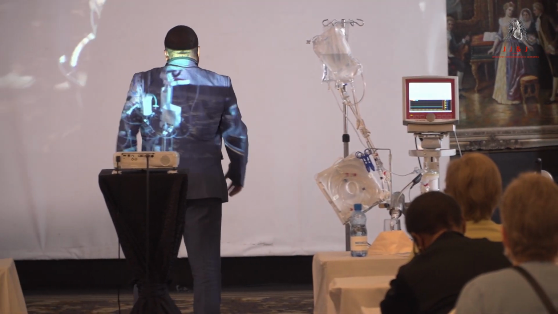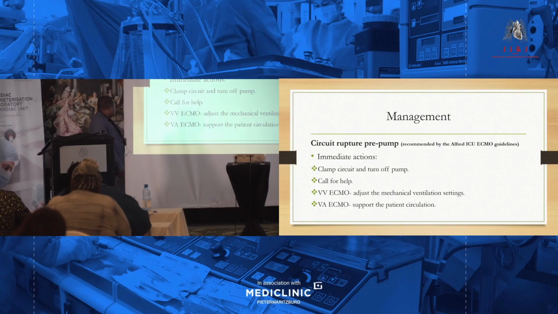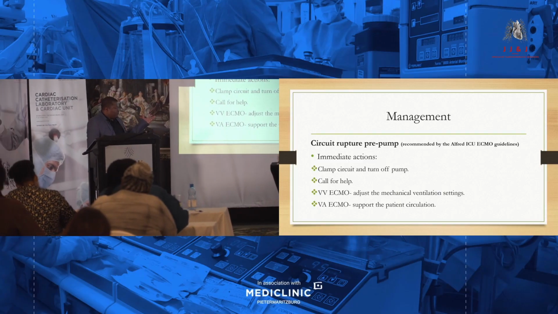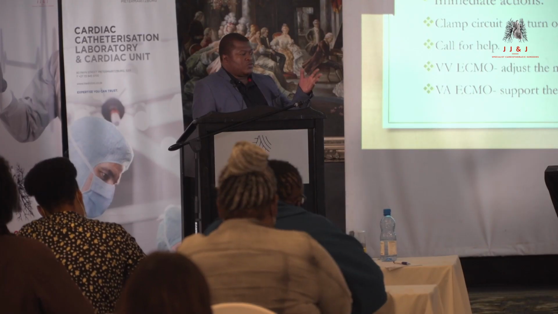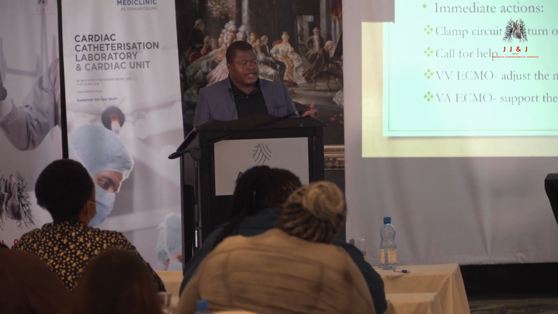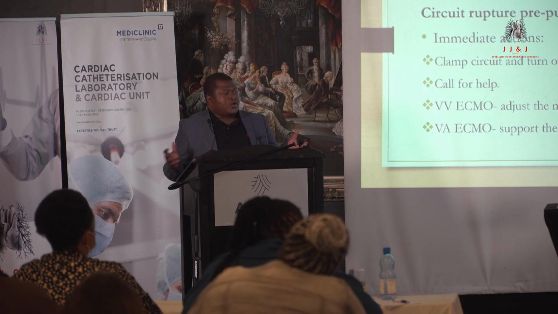Going back to the slide. After you've called for help and tried to sort out the issue, you're going to review the patient to see if the patient is still okay.